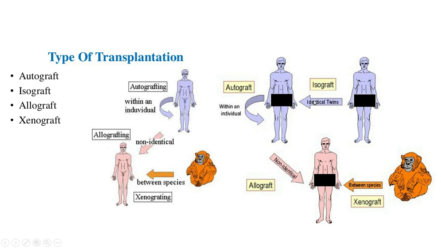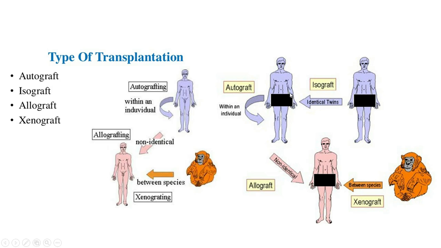Now if the graft is taken from an identical twin, for bone transfer there is no need for HLA matching, because when it is processed in the lab, all the antigenicity is lost due to gamma sterilization or lyophilization.